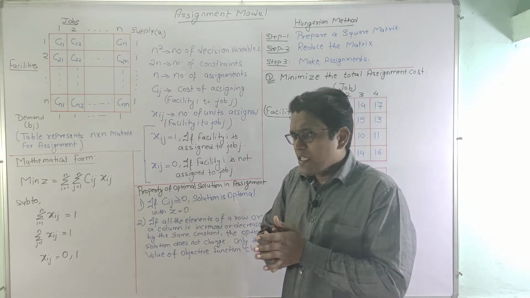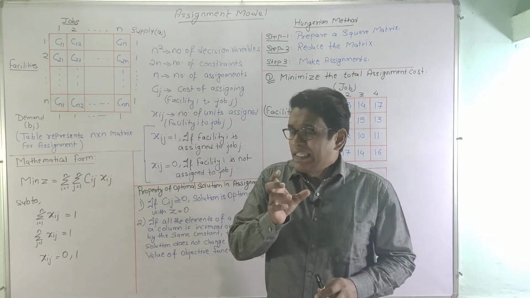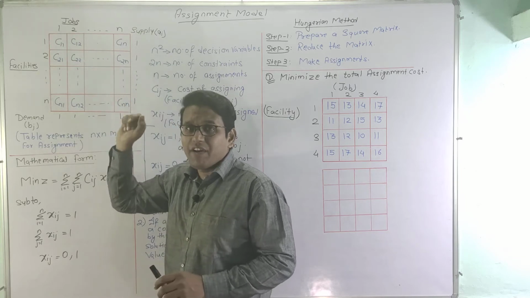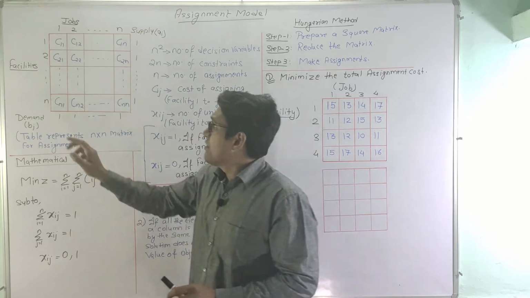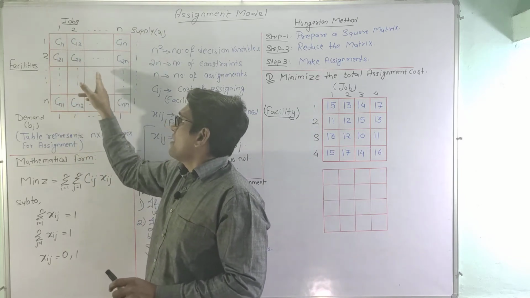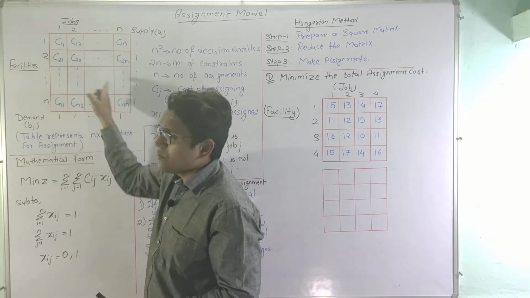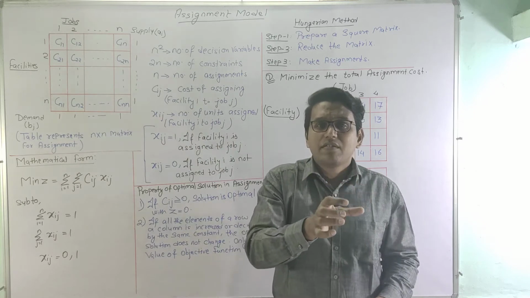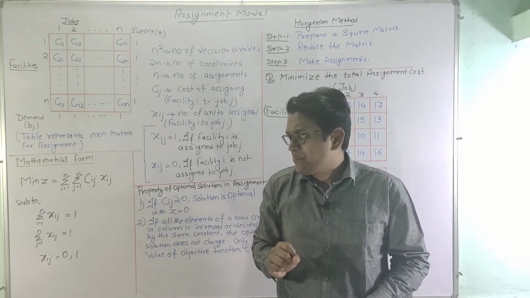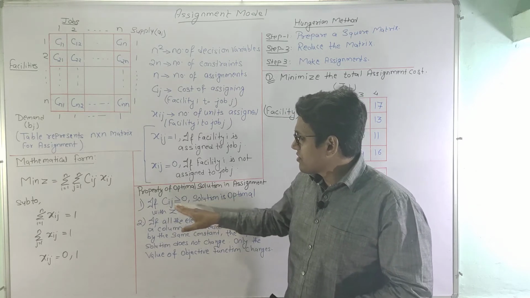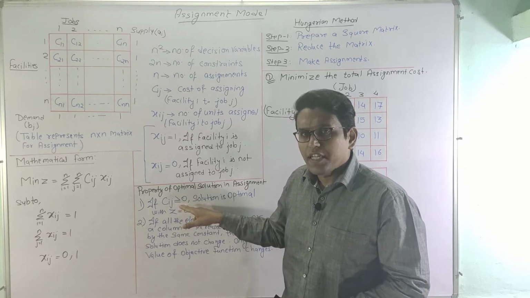As we know, the value of z is the summation of all the assigned cell values. That means if a number of cells are assigned, we need to add all the cost coefficients of those cells, and if those cells have the value 0, then we can say that our solution is optimal, because Cij cannot be negative.